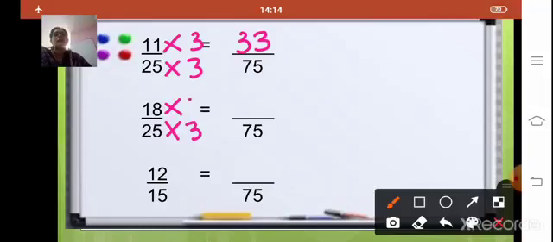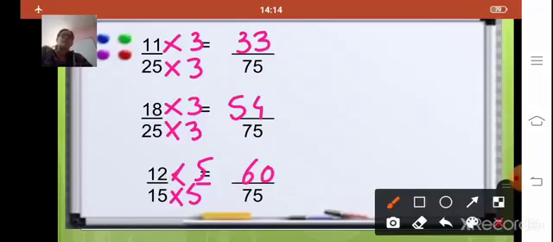So 18 multiplied by 3, 54 upon 75. Now again 15, how many times to make 75? 5 times, and 12 into 5 is 60 upon 75. Again all the fractions are like fractions, the denominators are same.